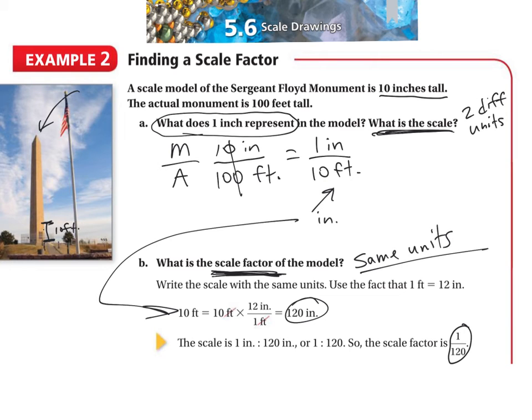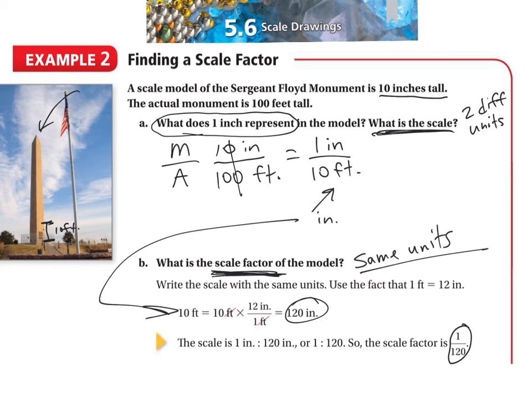What I want you to understand is that the first thing, what is the scale, tells you, if you're the map drawer or if you're looking at the map, how do I read it? If you're looking at a scale of your home, your parents just built a house and you're trying to figure out how big your room actually is, and you get out your ruler, like my room is 5 inches, how many feet is that?